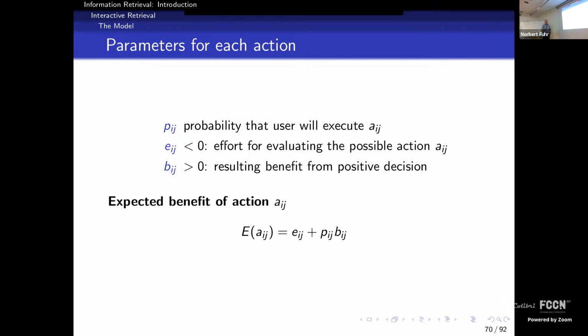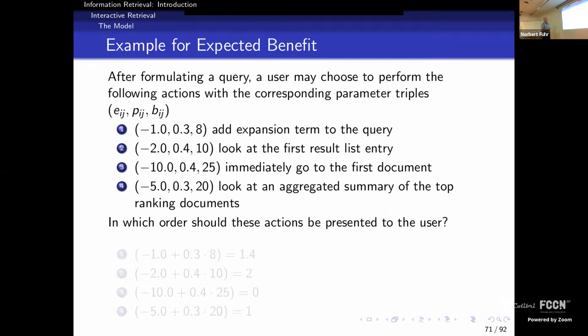So the idea is for each action we have a possible benefit, and then the expected benefit of an action can be computed as follows: first we have the effort anyway, as soon as we look at this choice, and then with probability p, the probability that the user chooses this action, the user will experience the corresponding benefit. That's the basic idea.